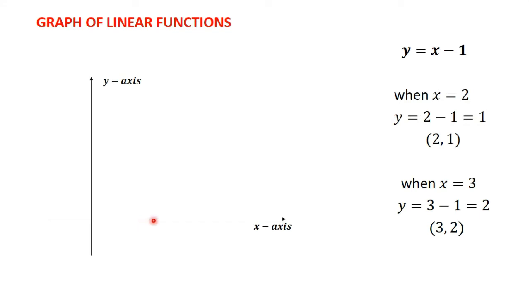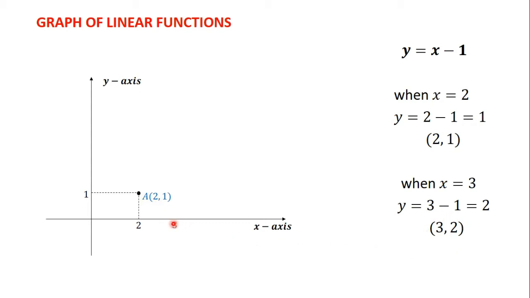So let's say that this is our graph sheet. We have our x-axis here and our y-axis here. We will plot the first point. The first point is (2, 1). So we will look for 2 on the x-axis. We will look for 1 on the y-axis. 2 and 1 will meet at this point. So that is point A, (2, 1). We will plot the second point, (3, 2).